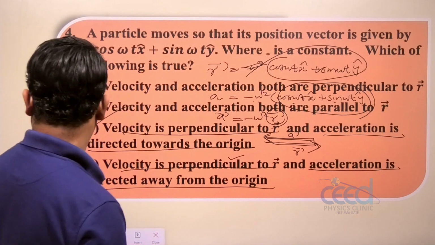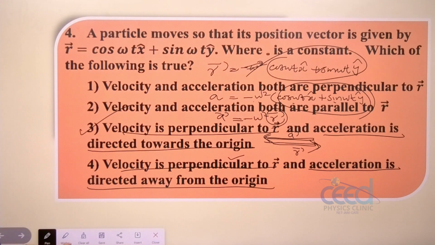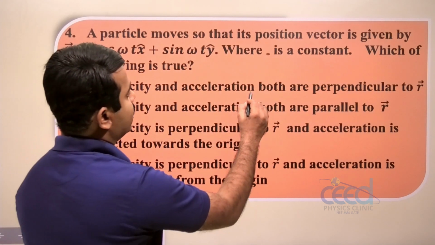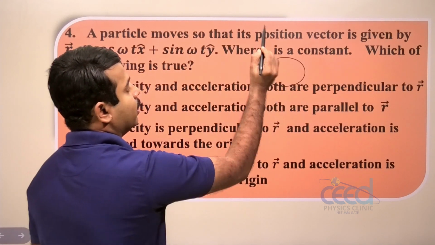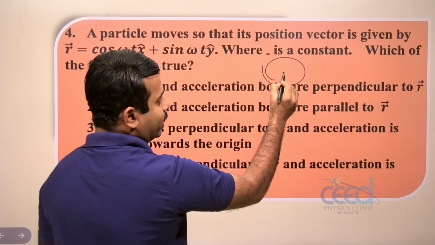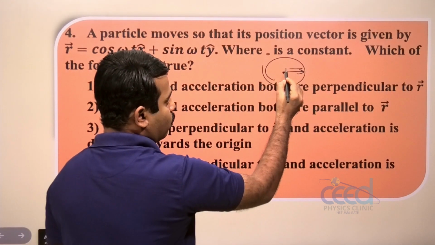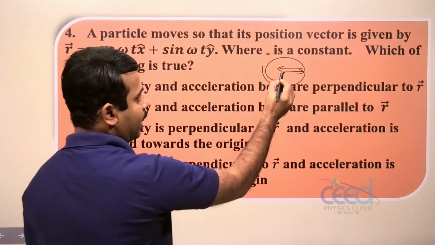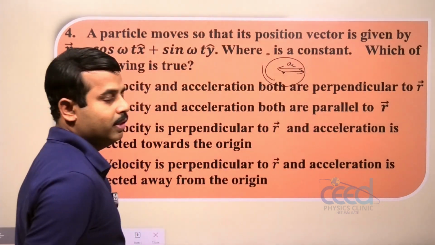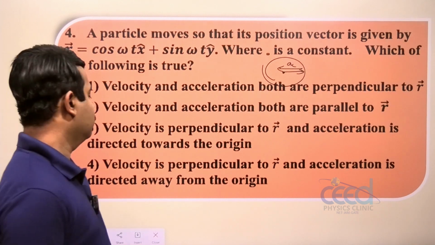What centripetal force is? See, look here. One circle is here. Now from the origin, the radial vector is away, but acceleration is always towards the center. Centripetal acceleration is always towards the center.